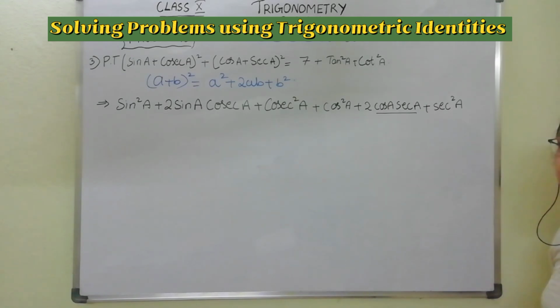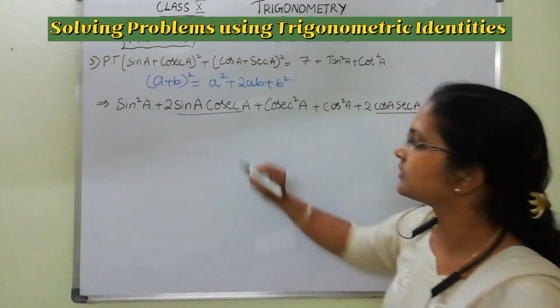And cos and secant both are reciprocal to each other, so this becomes 1. This one and this one.